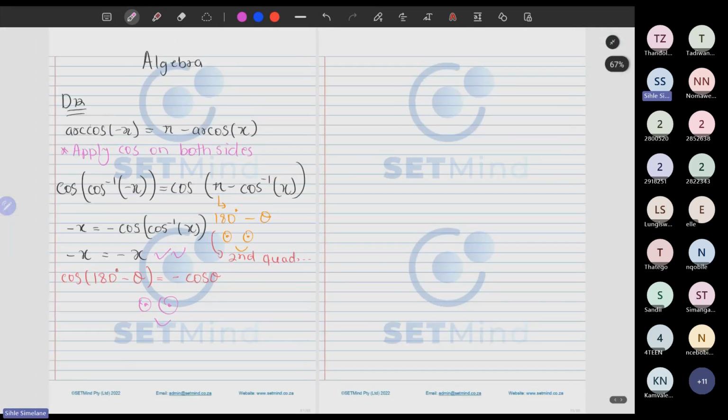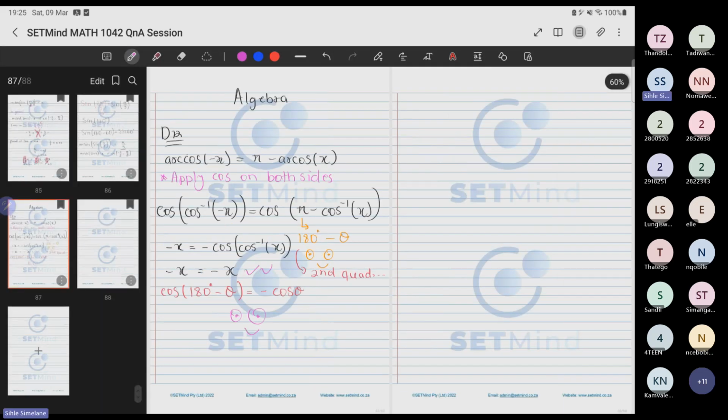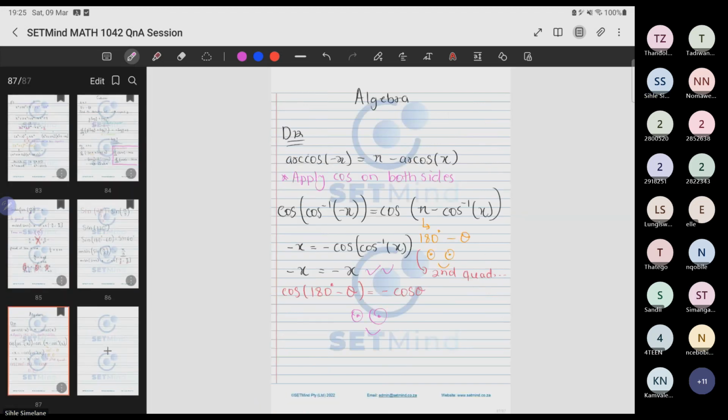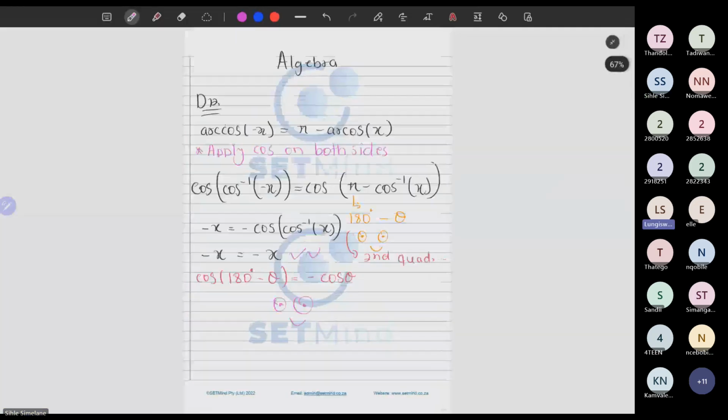The person who posed the question, do you understand? Yes, thank you. Any other question? On the same question, but take the 13, 2.4.5, you do the same thing, applying tan on both sides.